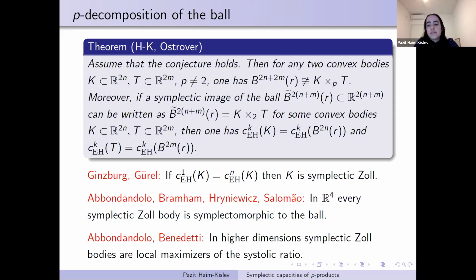And we know that in dimension 4, symplectic zones are balls, and in higher dimension they are local maximizers of the systolic ratio. So indeed, we have reasons to think that the ball can only be decomposed into balls, trivially.